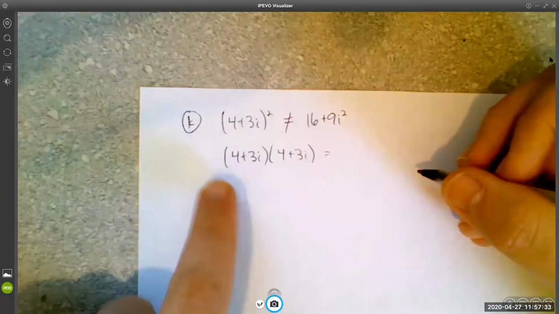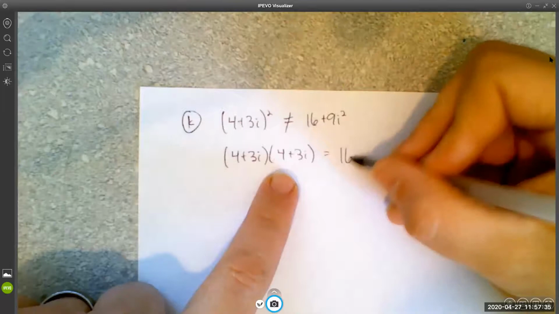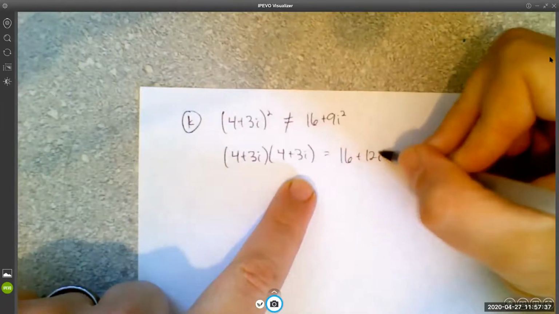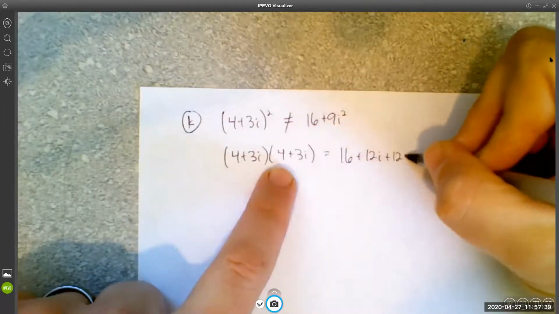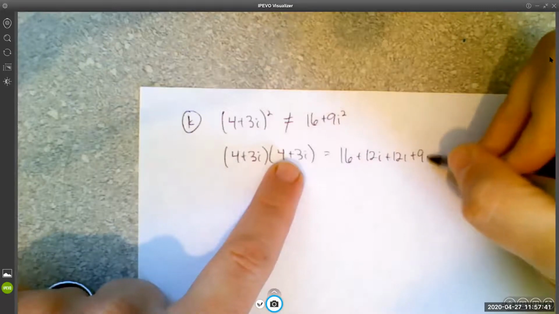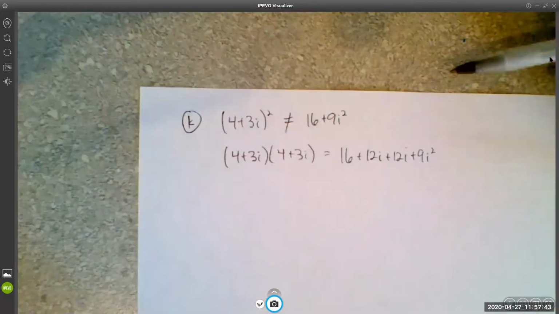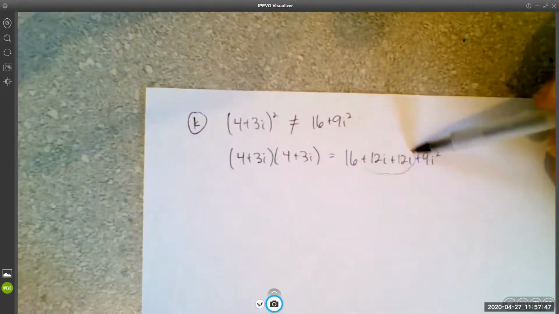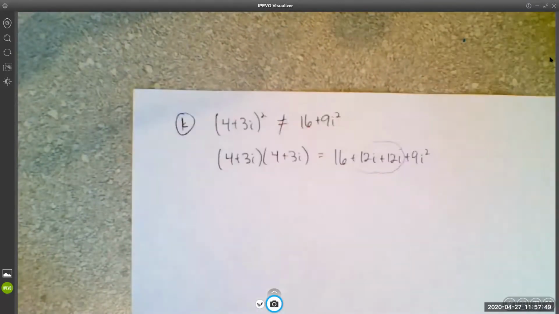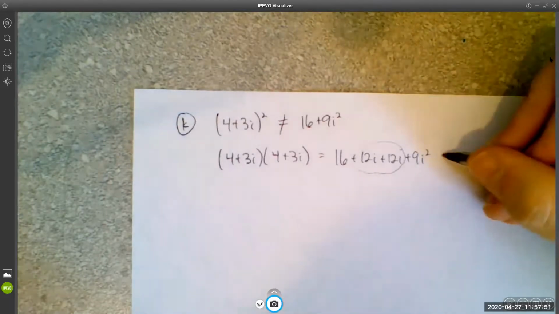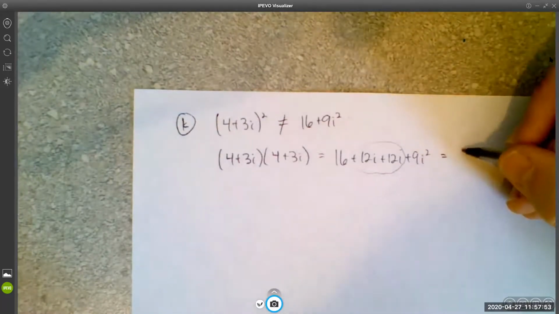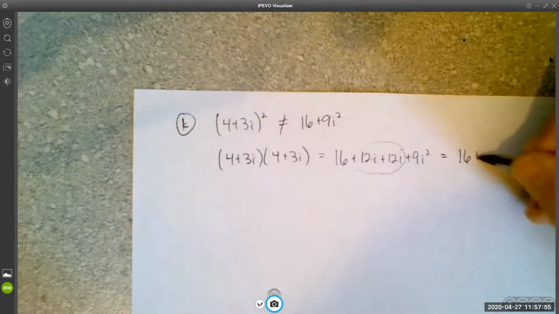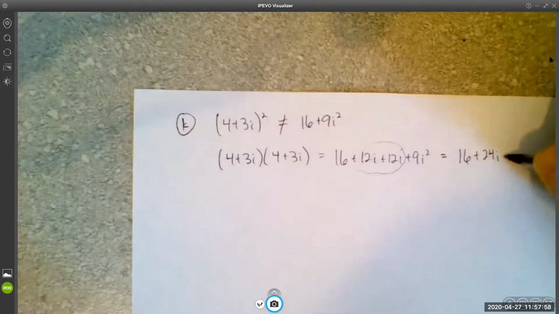Okay, so we FOIL this, we get 16 plus 12i plus 12i plus 9i squared. Right, so similar to this question, and yet so very dissimilar here in the middle, right? So they are not the same. So here we would get 16 plus 24i minus 9.